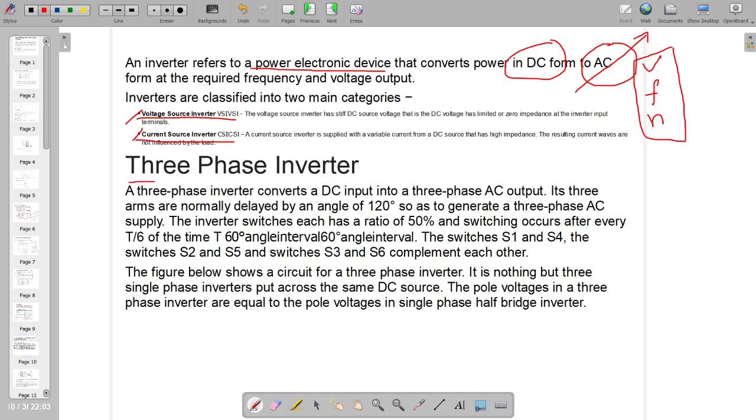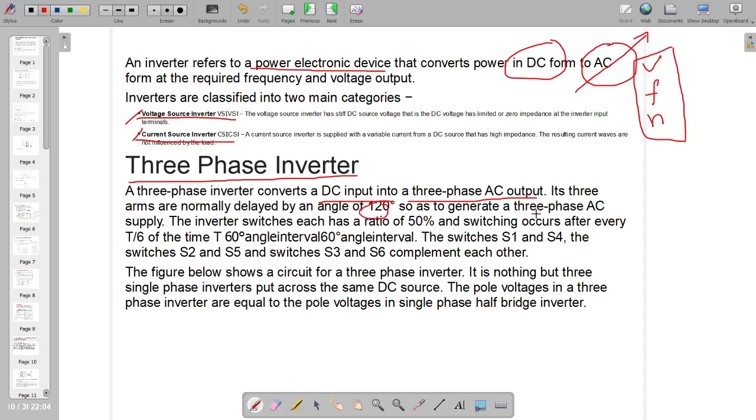Now let us go to the three-phase inverter. A three-phase inverter converts a DC input to a three-phase AC power output. It has three phases, each delayed by 120 degrees.